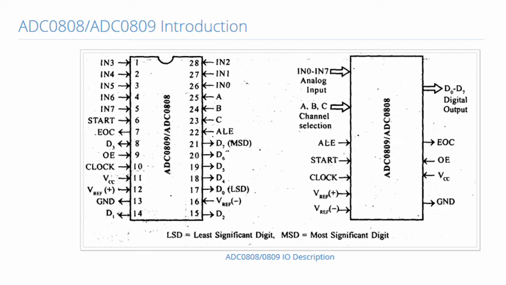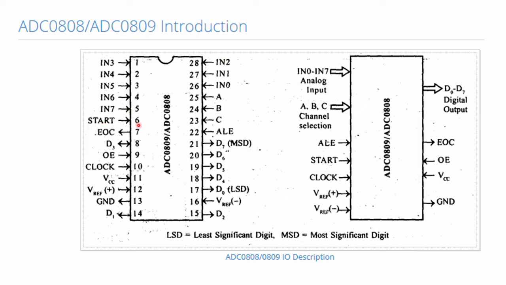Now, 0808 or 0809 both have 8 analog inputs, from IN0 to IN7, and there are 3 channels to select any of the inputs 0 to 7. For example, if ABC is 000, IN0 is selected. If it is 001, then IN1 is selected, and like that.